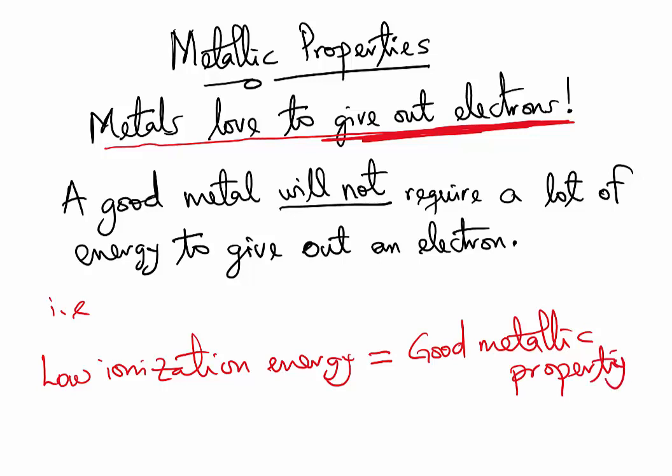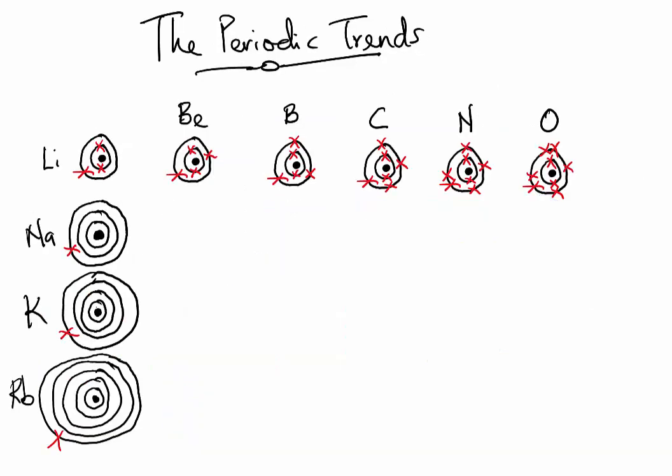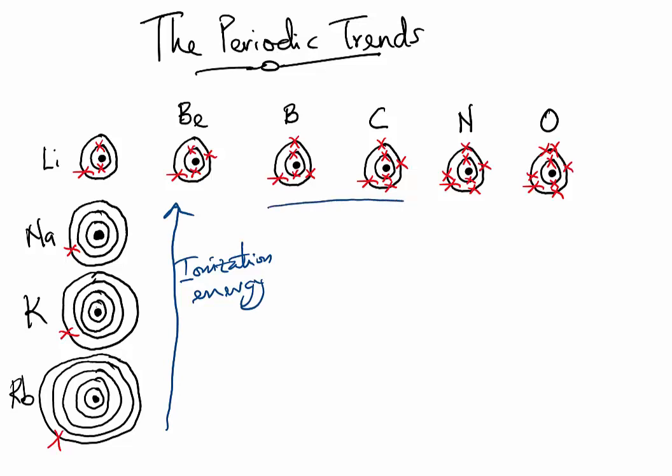Let us now take a look at the periodic trend. Remember that in the ionization energy trends, we said that ionization energy increases up the group, and we said that ionization energy increases from left to right.